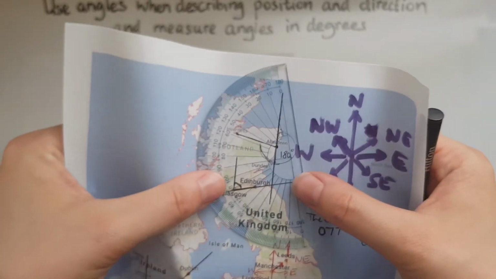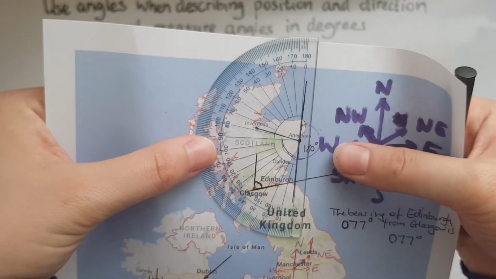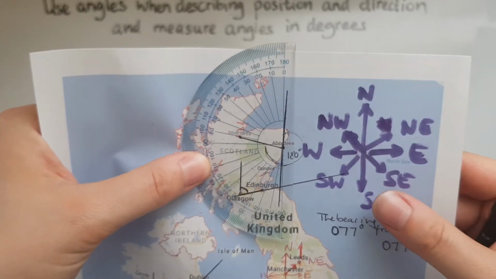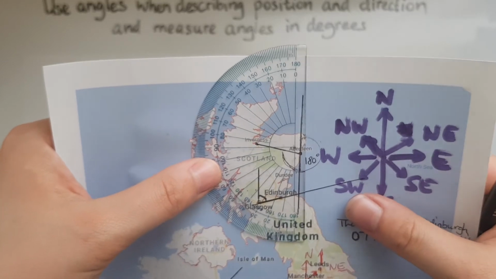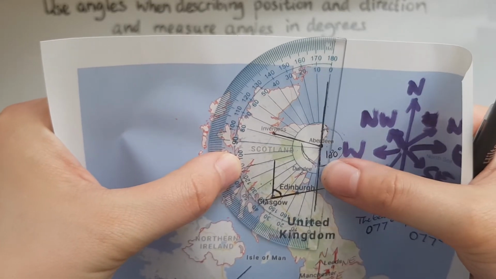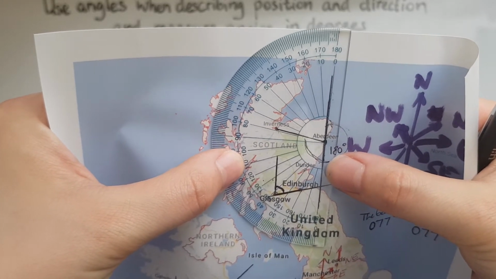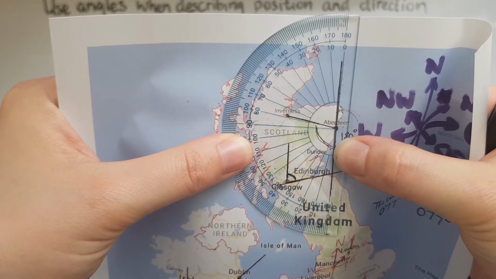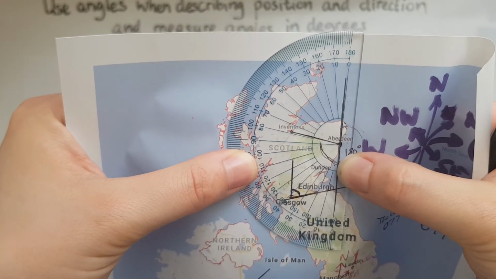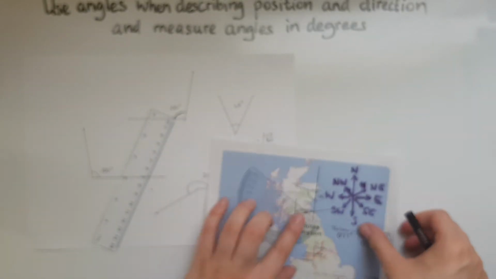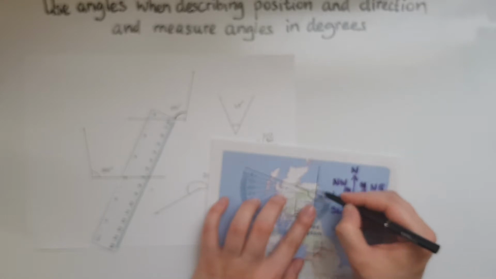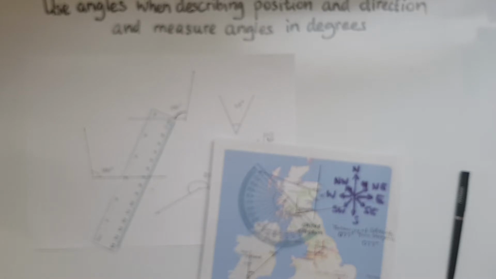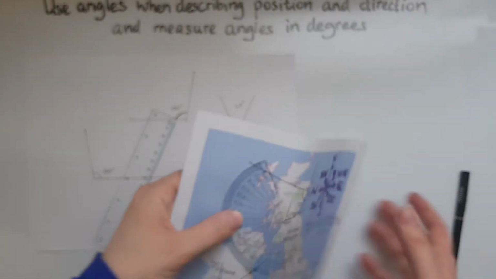So I will go aligning this correctly. So we have a straight line. So we're starting from 0, and we need to go to Inverness again. We need to extend the line so that we can work more easily and accurately.